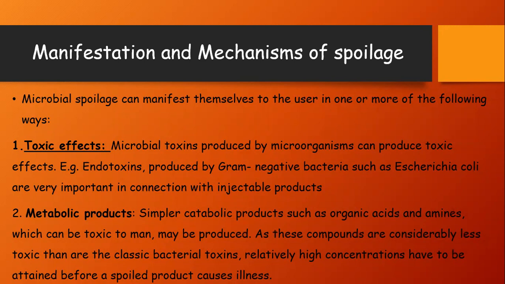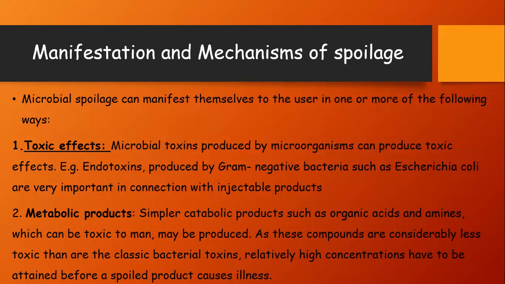You don't have to consume these substances, but these substances are metabolic products. When microorganisms contaminate a product, the aim of the microorganism is to survive and utilize the product for its own growth.